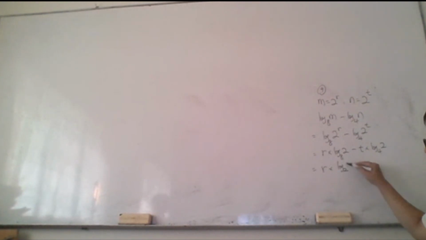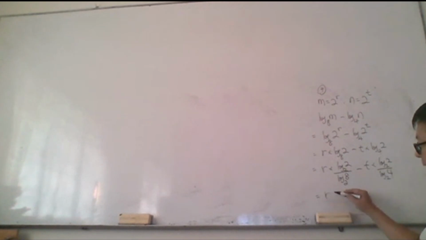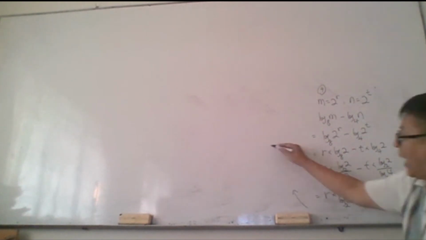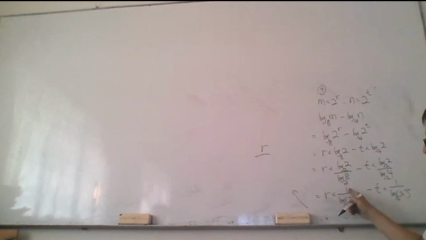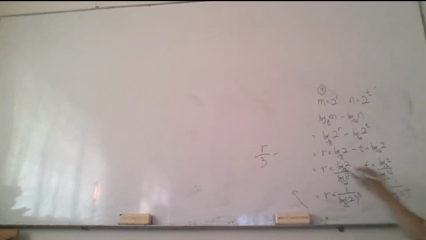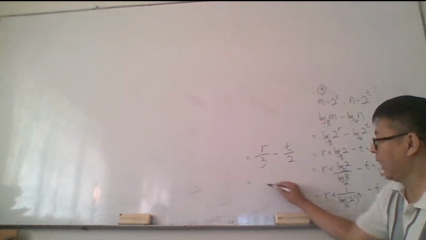So they put r times log 2, 8 over log 2, 2, minus t times log 2, 4 over log 2, 2. 8 is 2 to the power of 3 and 4 is 2 to the power of 2, so r times 1 over 3 minus t times 1 over 2.